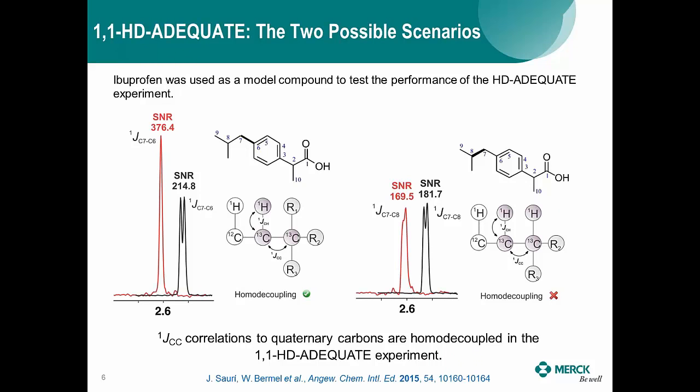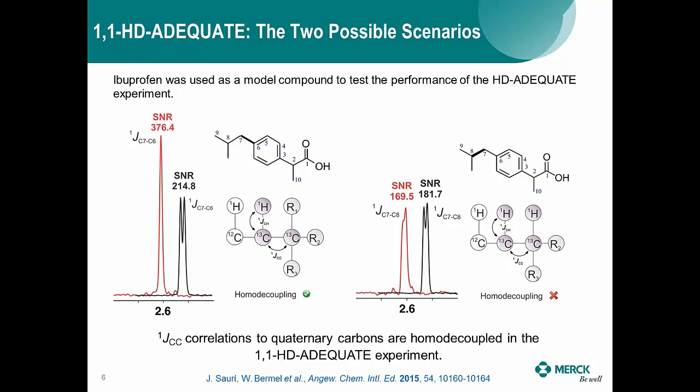And if we look at the correlation on the left, from carbon 7 to carbon 6, this is a CH attached to a quaternary carbon. So basically here the HD works very nicely, because we are looking into a signal that has one proton attached to carbon-13 and the other carbon is a quaternary carbon, so has no protons.